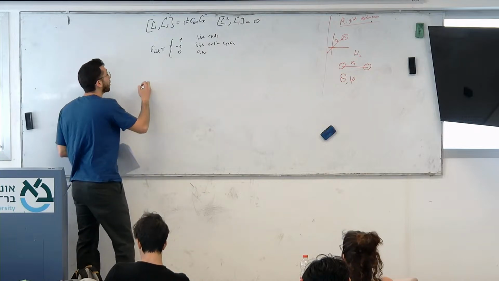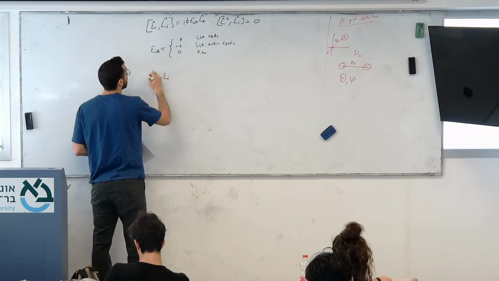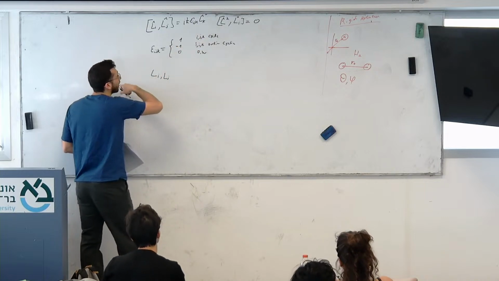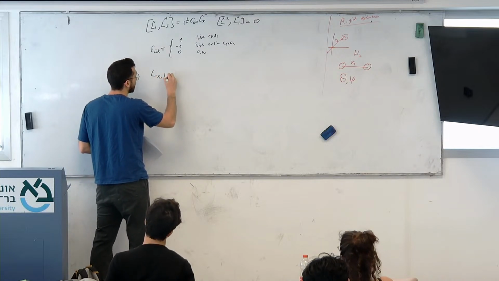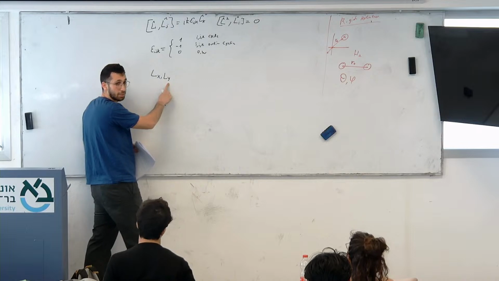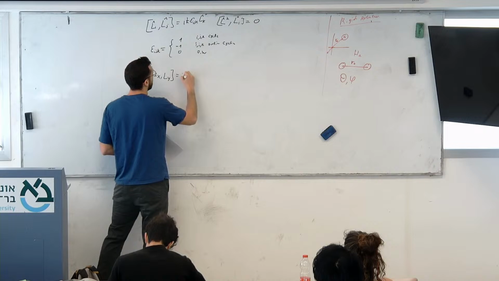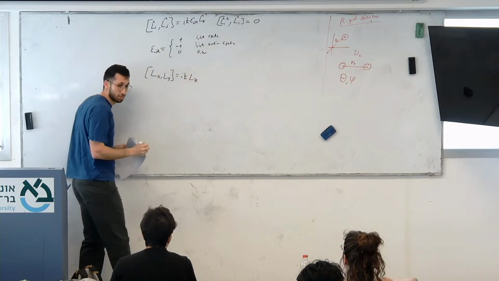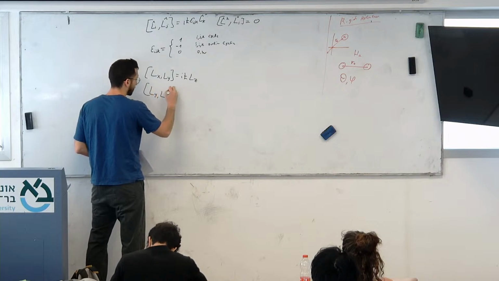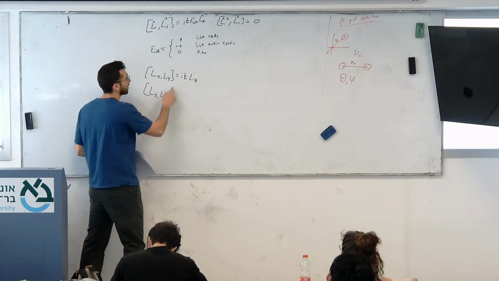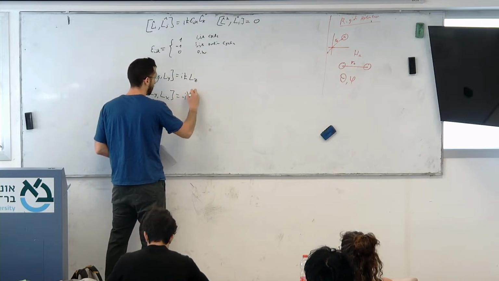Basically, it means that if we have Li, Lj, we're going to get Lk with 1 or minus 1. For example, if we have Lx, Ly, x y are cyclic with z, so we're going to get iħ Lz. If we have Ly, Lx, they are anti-cyclic with z, so we're going to get minus iħ Lz.